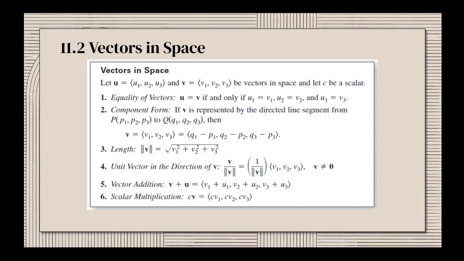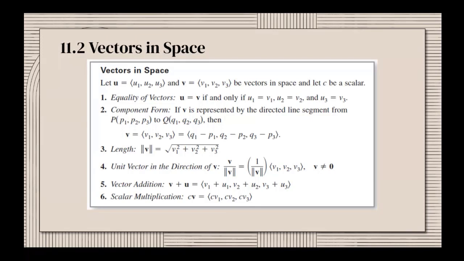And next, to find the length of a vector, all you have to do is take the magnitude of the vector, which will be v1 squared plus v2 squared plus v3 squared, and square root of the whole thing, similar to a Pythagorean formula. And another important aspect is the unit vector, in which to solve for that, you just find the magnitude and divide the original vector by the magnitude.